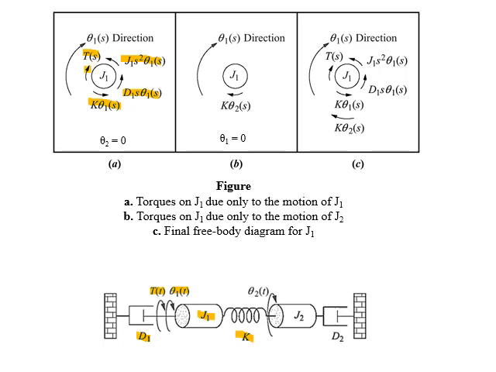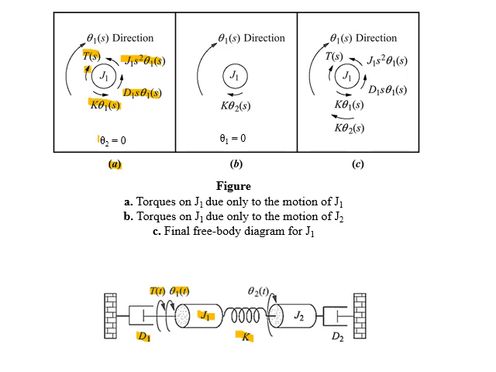If you look at figure A, all the torques are presented in the Laplace domain. Torques due to the spring, viscous damper, and its own inertia are represented with arrows in the opposite direction to θ1.